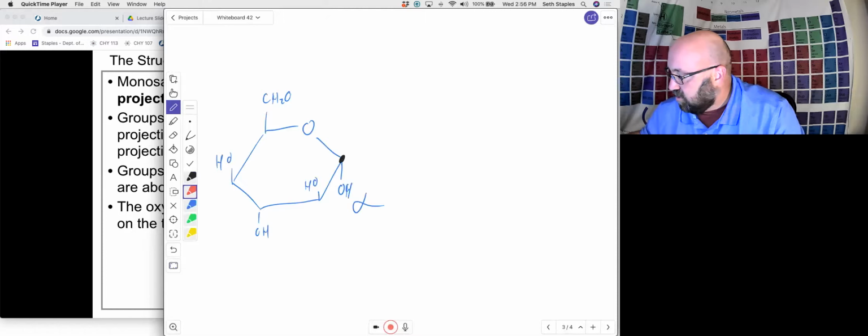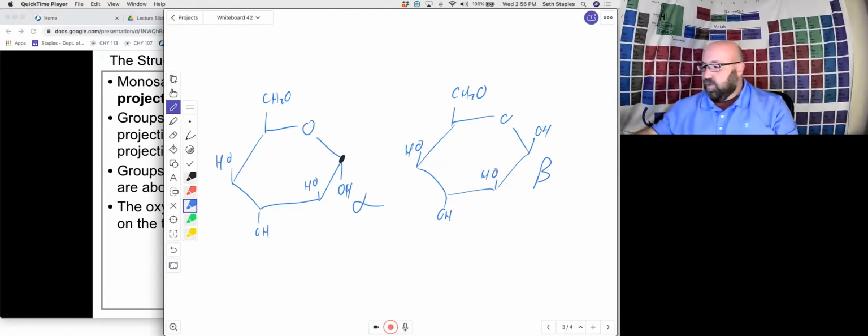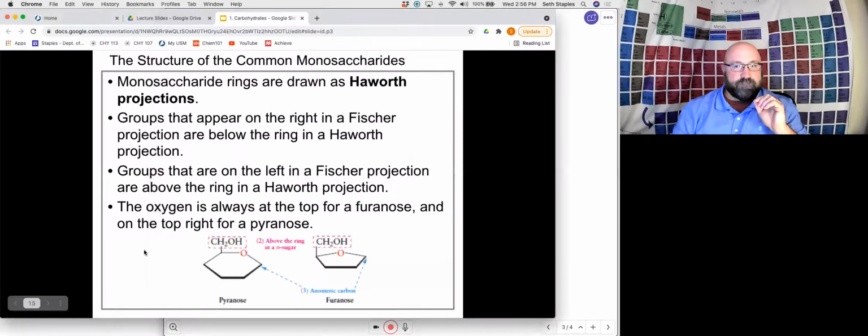If the OH happens to be above the ring, everything else the same, our OH now is above the ring, then that's our beta version. But that's where we're looking, at that anomeric carbon, which is always going to be the one to the right of the oxygen.